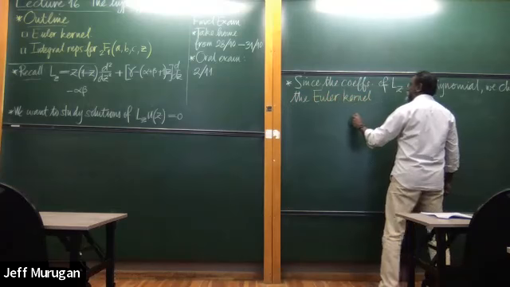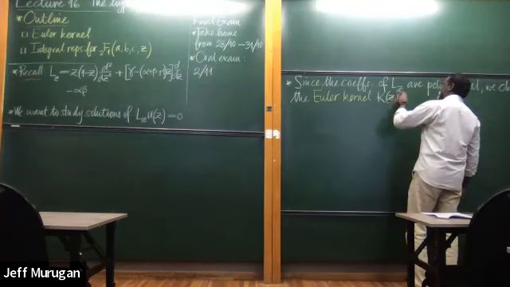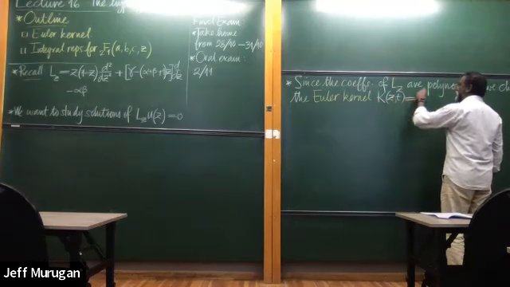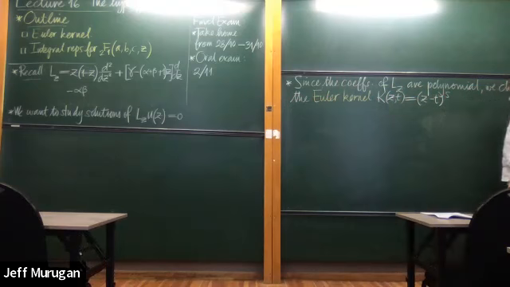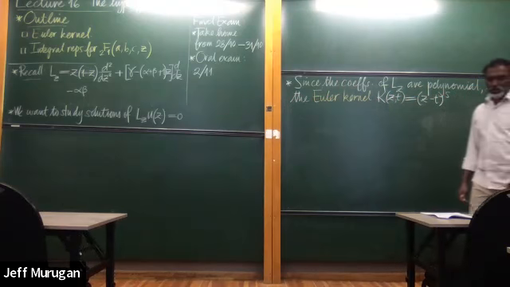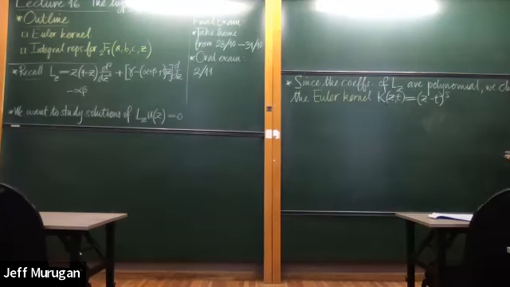Euler kernel function k of z, t equal to z minus t to some power s. This power s we'll determine a little later, explained by the differential equation.